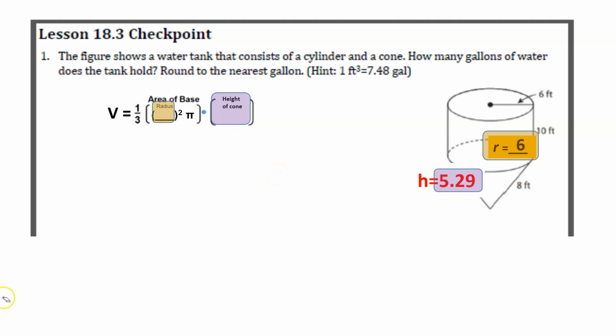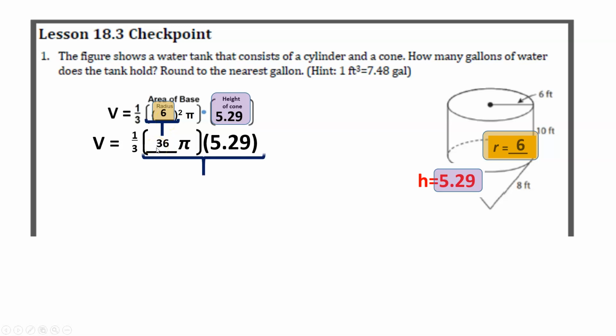Give me 1 second. All right, so hopefully you put the numbers in their place now that they're correct. Let's go ahead and work out what's 6 squared. Notice I brought down the 1/3, the pi, and the 5.29. What would 6 squared be? 36. All right, so let's go ahead and multiply out the number parts.